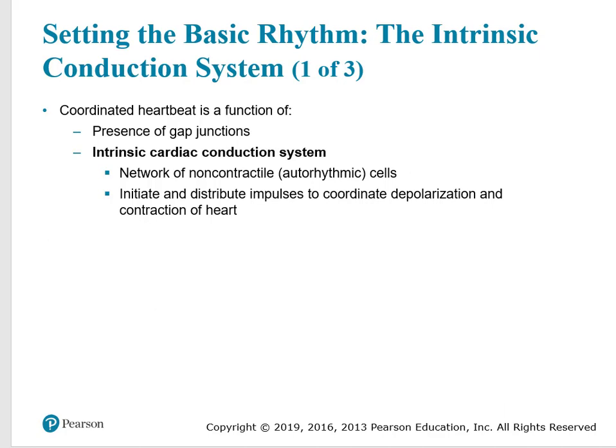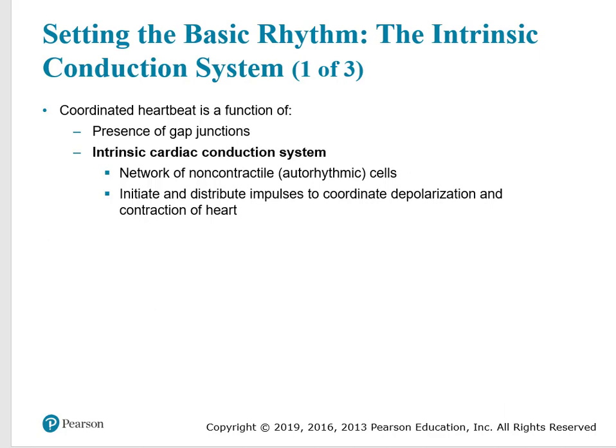So the impulses travel through a specific pattern. We call it the intrinsic cardiac conduction system. They are non-contractile autorhythmic cells that can generate the impulse, transmit the impulse among themselves, and also to the contractile cardiac muscles that are found in it.